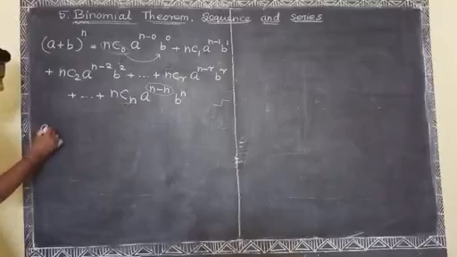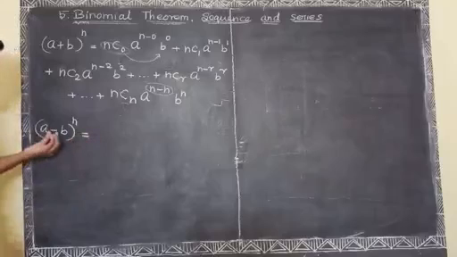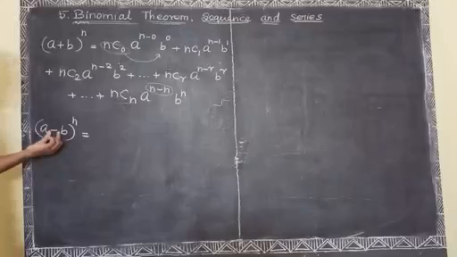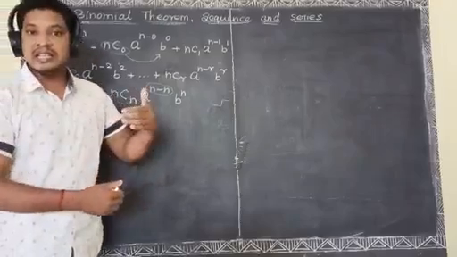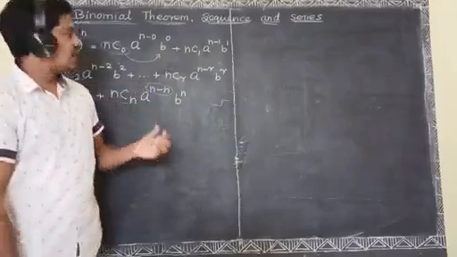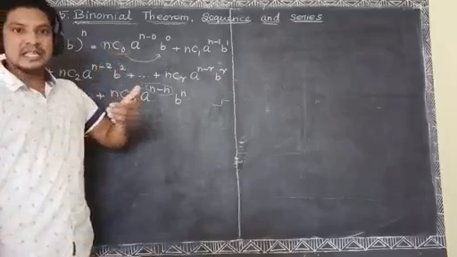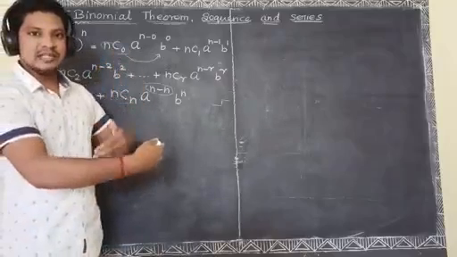Suppose a minus b the whole power n. Here the terms are connected using the subtraction symbol, which means the signs alternate. In the beginning it is plus, the next is minus, plus, minus.